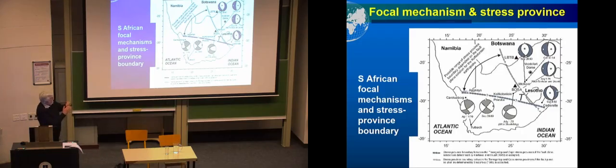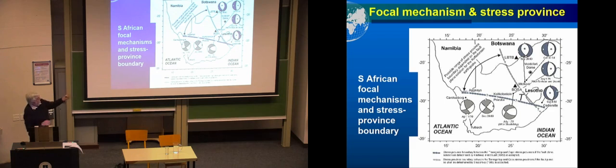The stress regime is such that strike-slip weaknesses will be reactivated, such as in 1970 and 1969 in the Ceres-Tulbagh area. On the other hand, north of a certain line there, which is a kind of stress province boundary, the crustal stresses are such that it's pulling apart.